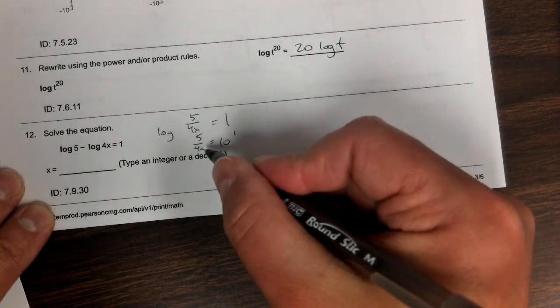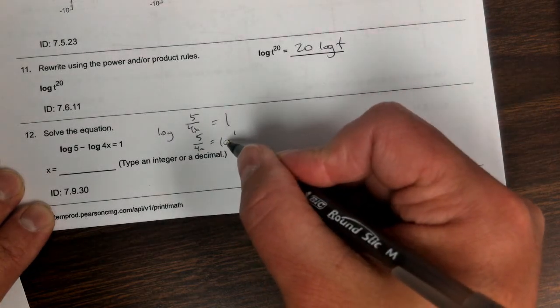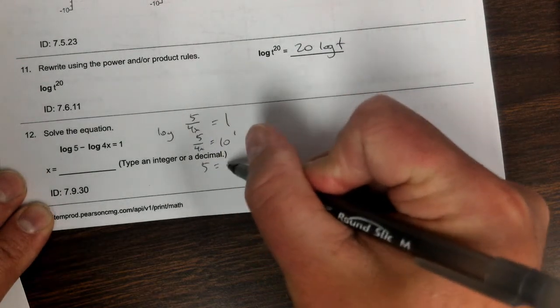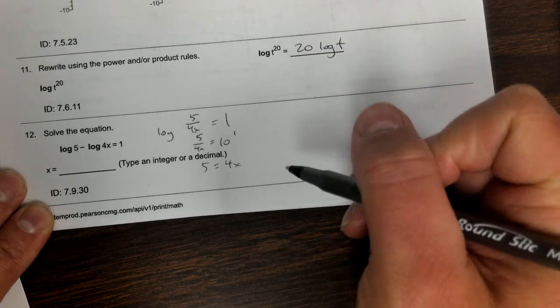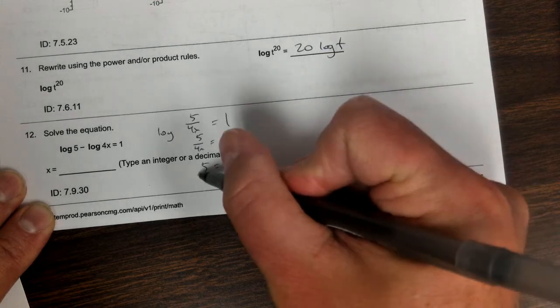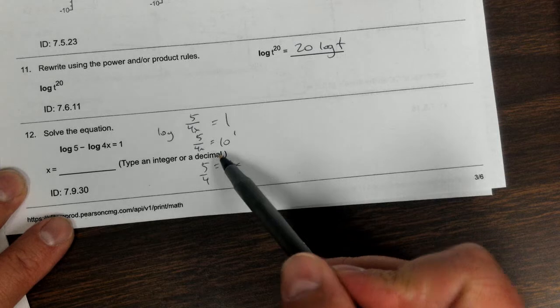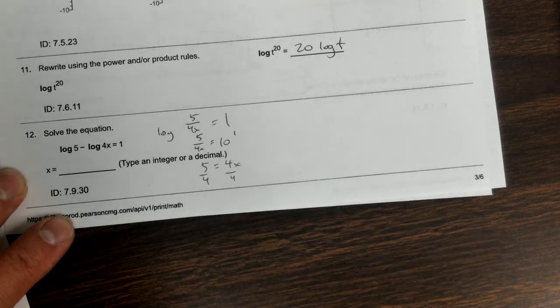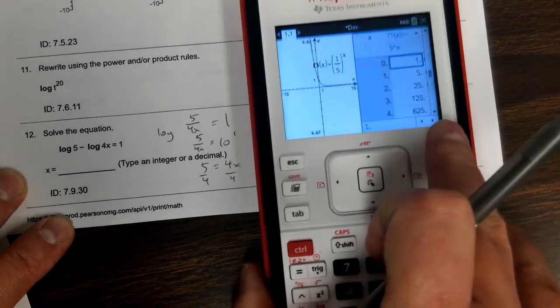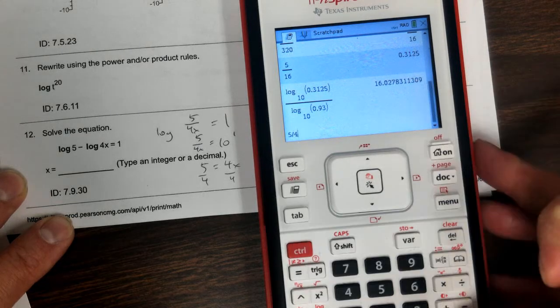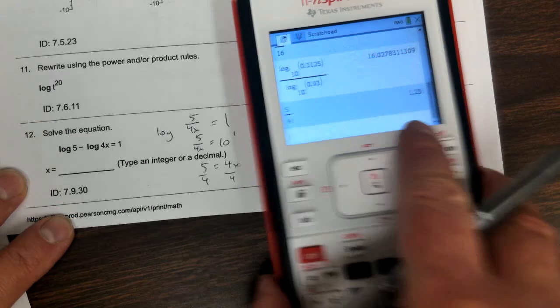And so then multiply 4x times 10 and get 5 equal 4x, and then divide by 4. It wants an integer or a decimal. So remember, a fraction is not either of those, of course, and so we'd have to go 5 over 4, control enter, and you get 1.25.